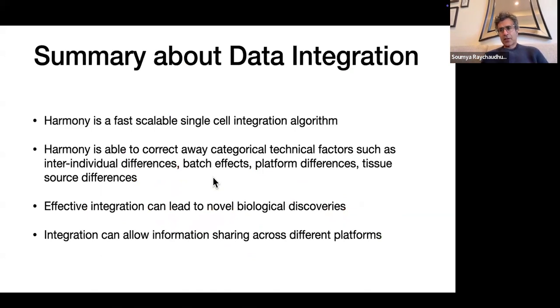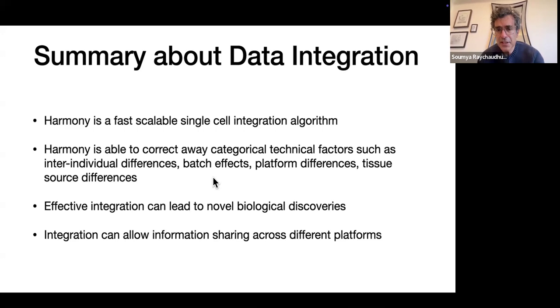So just a quick summary about data integration. Again, this work is slightly older, but extremely important for any kind of single cell analysis. We propose an algorithm called Harmony, which is fast and scalable. It's a single cell integration method. It's able to correct away technical categorical variables and inter-individual differences, batch effects, and platform differences.